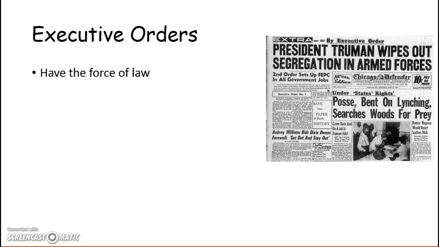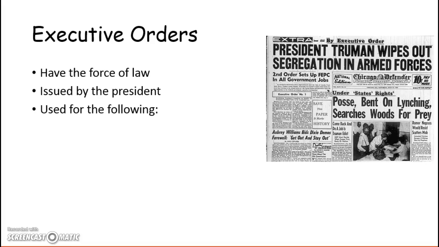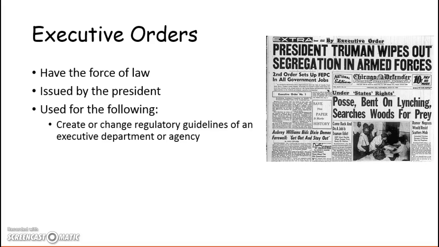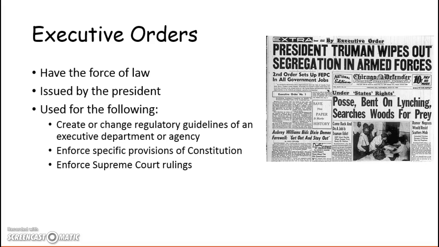Executive orders have the force of law, are issued by the president, and are used for the following: to create or change regulatory guidelines of an executive department or agency, so directions to one of the departments or agencies within the executive branch; to enforce specific provisions of the Constitution; to enforce Supreme Court rulings.